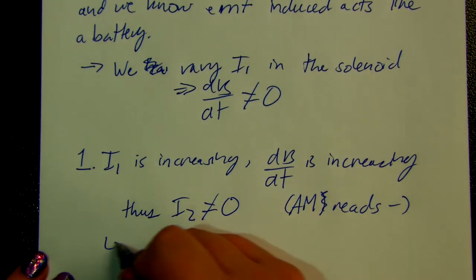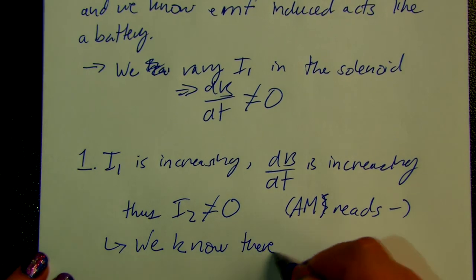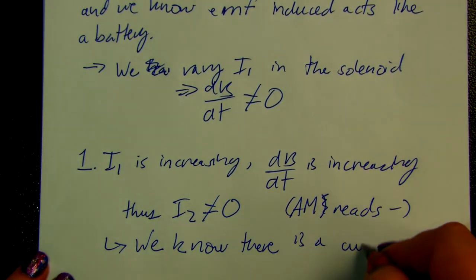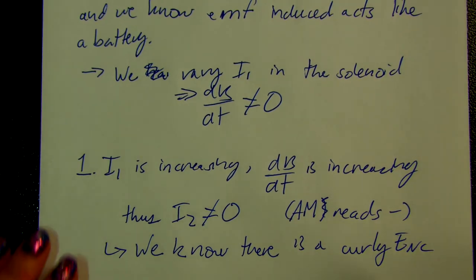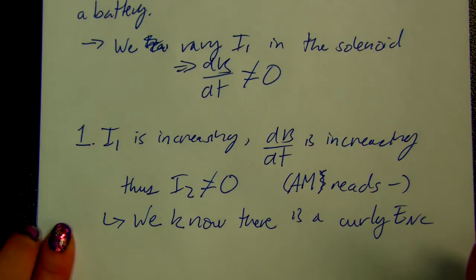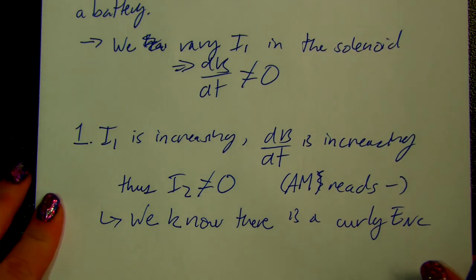Okay, so we also know there is a curly non-Coulomb electric field. So that would be the case of having the increasing current inside the solenoid, making an increasing time-varying magnetic field, of course generating a non-zero current in the ring around it that would be negative, that would correspond to the direction of the curly non-Coulomb electric field.